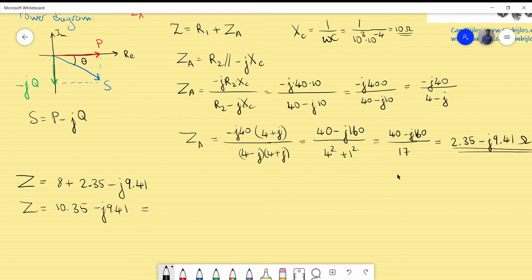If I convert this to polar form, it will result in almost 14, so 14 phase minus 42 degrees, in ohms.